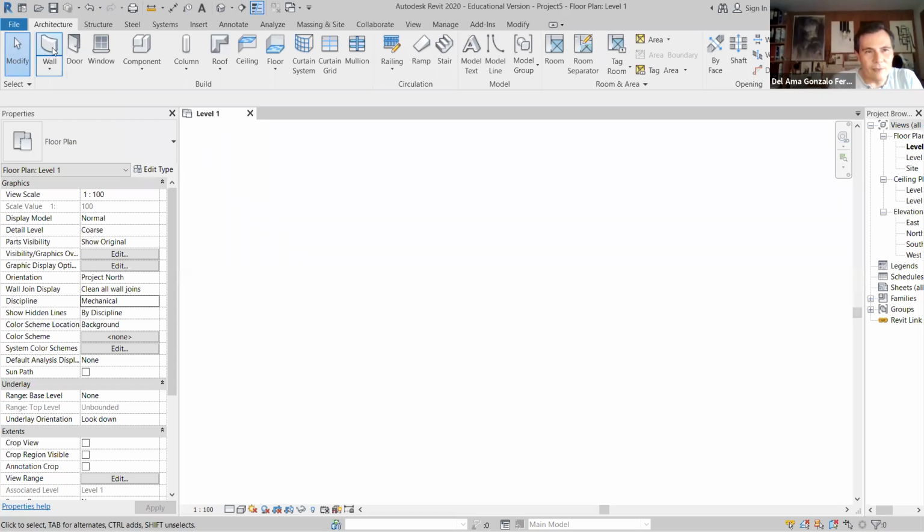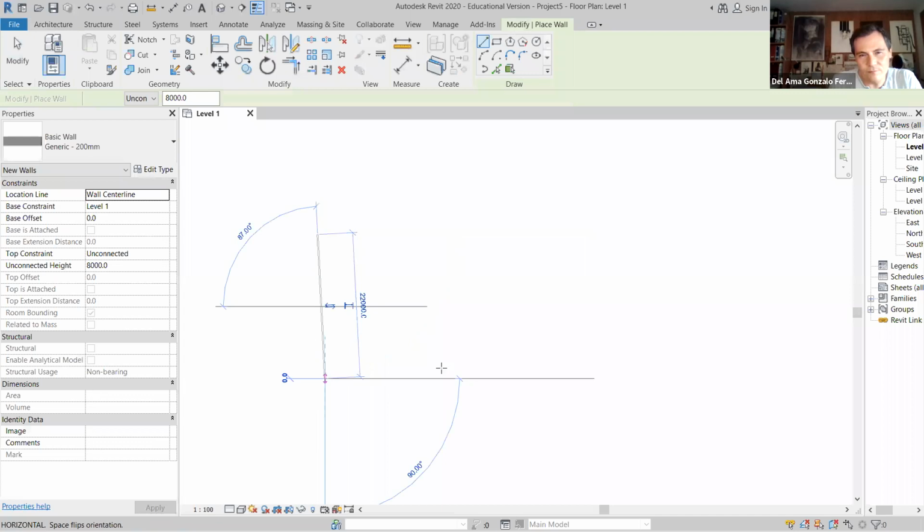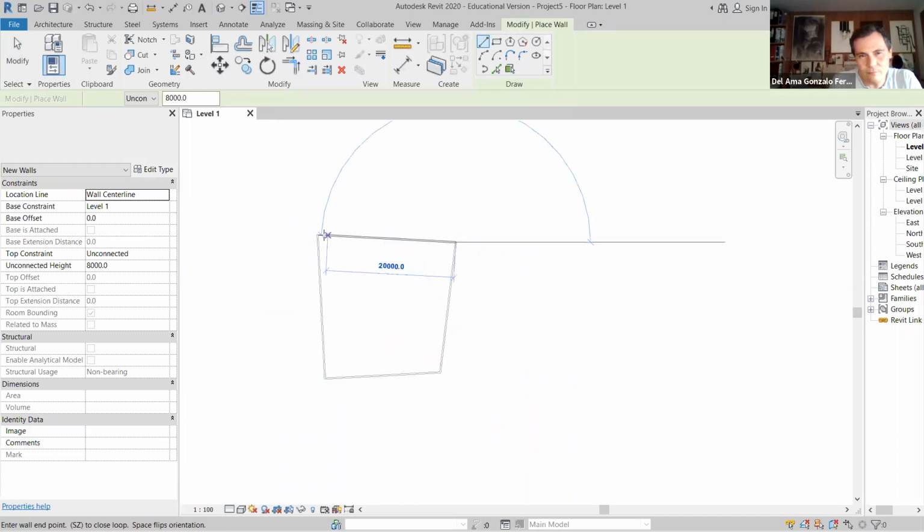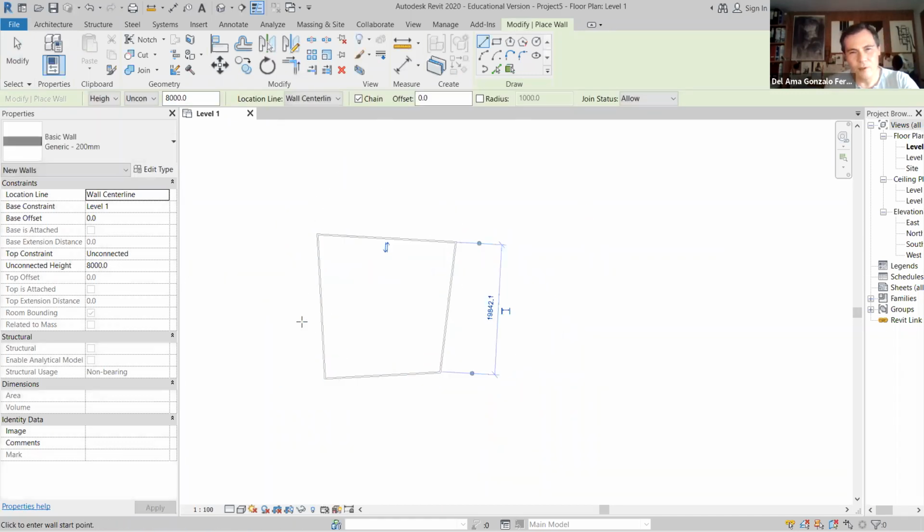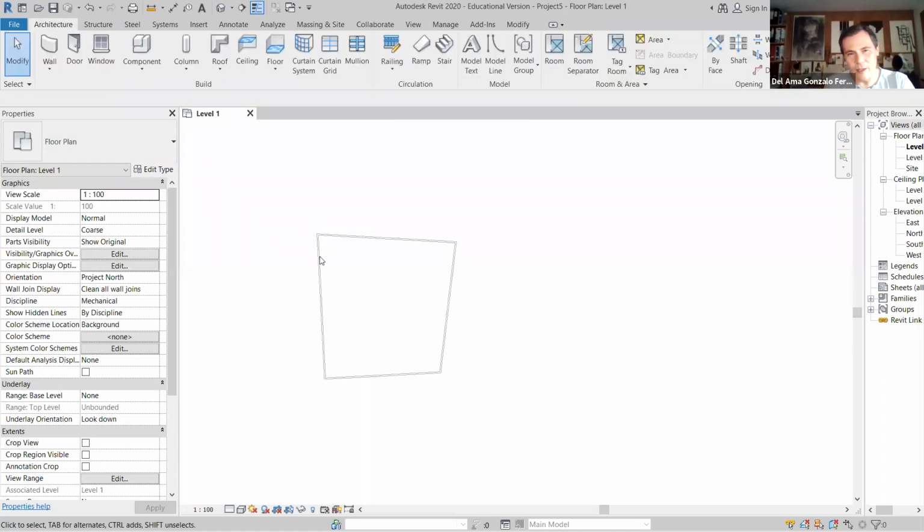Okay, and then with this mechanical template, you can work with walls like this, but usually we don't do that. As you can see, when I'm working with these walls, I cannot edit them. This is because I'm working with a mechanical template.